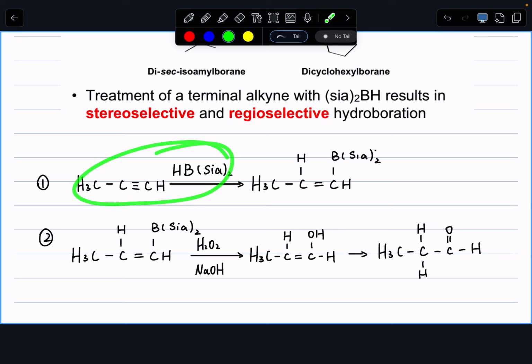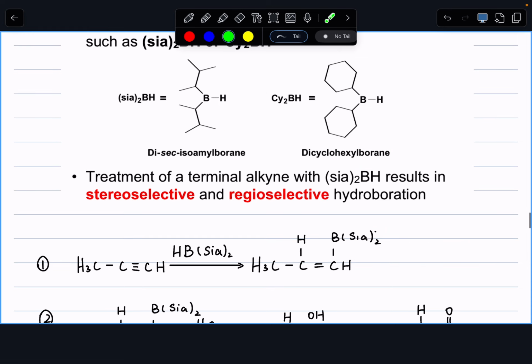We should first react my terminal alkyne with a sterically bulky HBCl2 or the dicyclohexylboron to form this terminal alkynyl boron reagent. And the bulkiness of my Cl group, or the disiamyl boron, will prevent this alkynyl boron from undergoing a second hydroboration reaction.